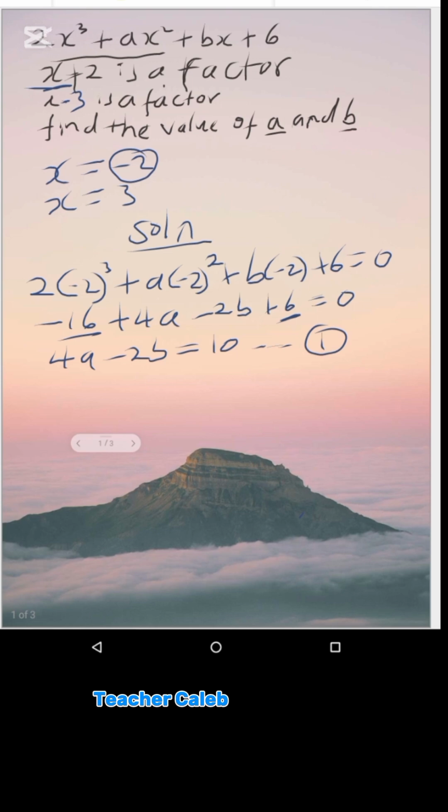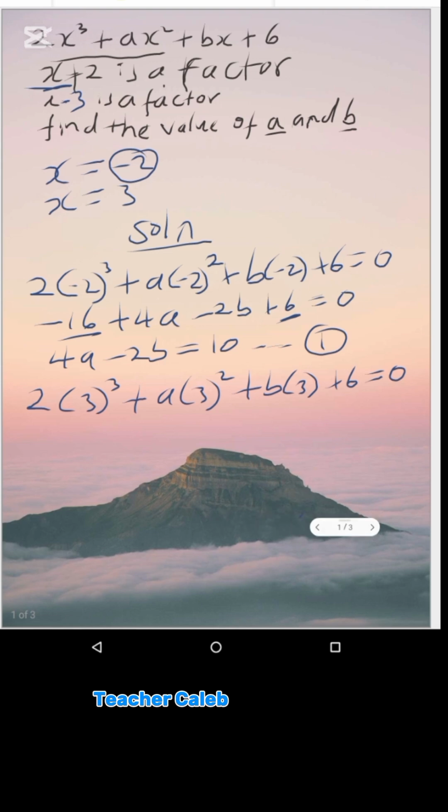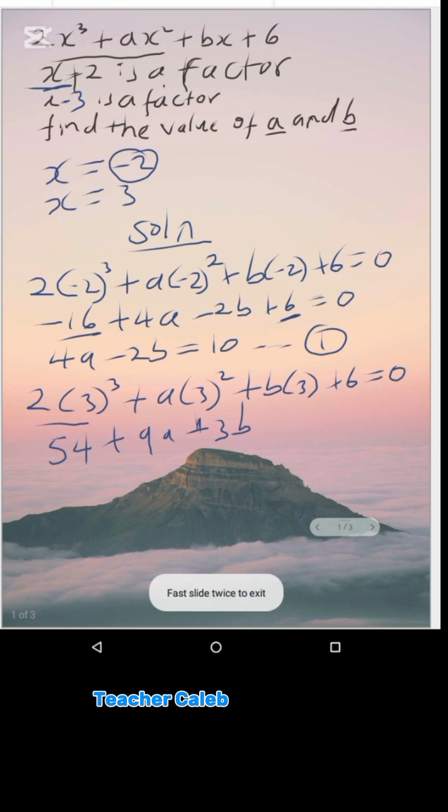Now let's substitute 3 into our polynomial, where we have 2 into 3 cubed plus a into 3 squared plus b into 3 plus 6, which should give us 0. Here we have 54 plus 9a plus 3b plus 6 equals 0.